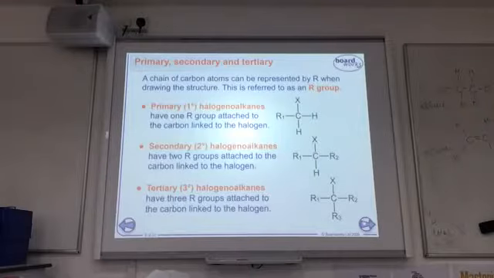So if you have R1, is that still secondary? We would normally write it as different R groups, even if they were exactly the same, I guess. But they could be exactly the same.